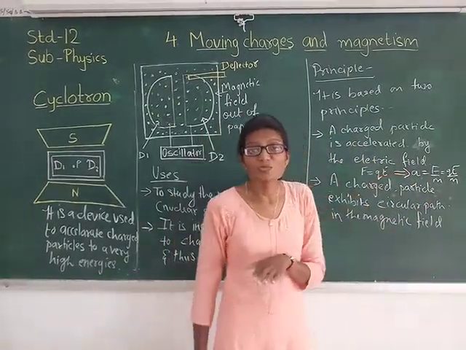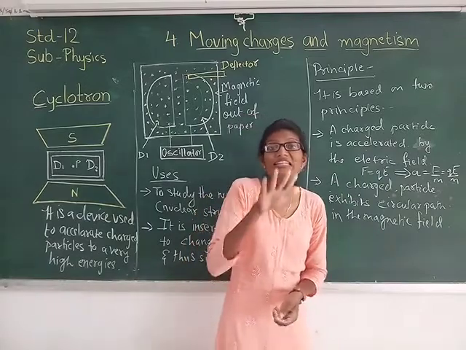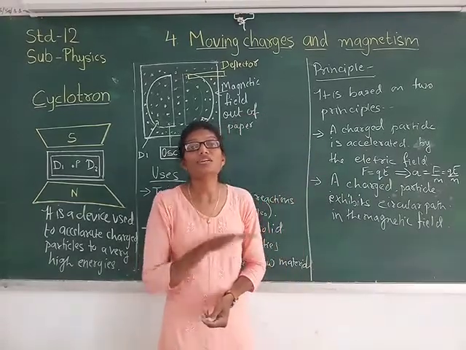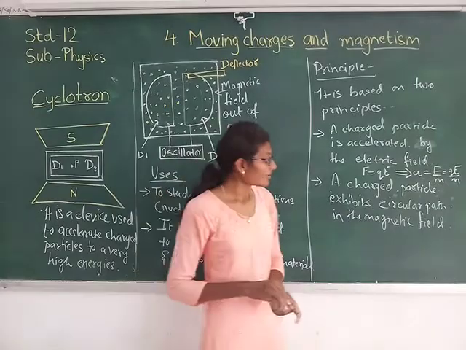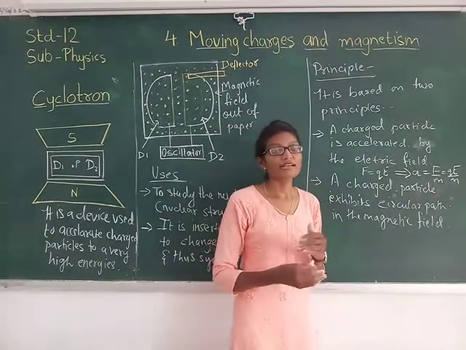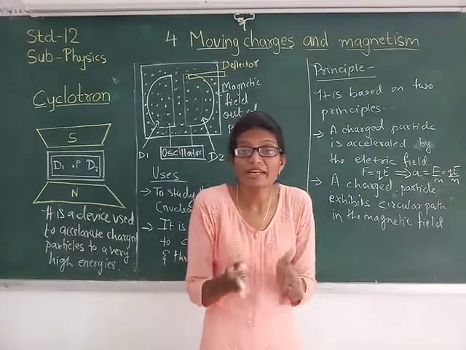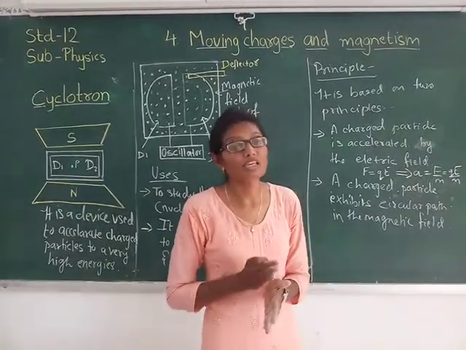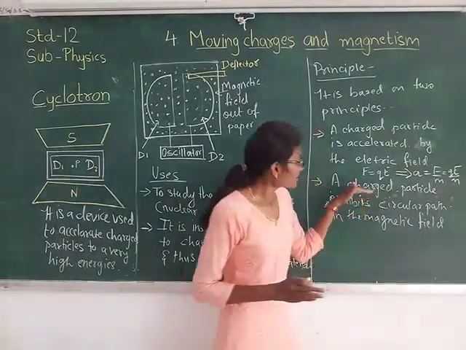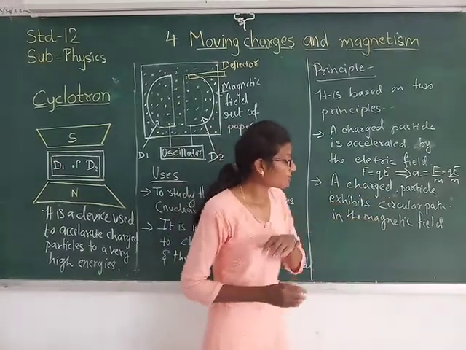But these charged particles should remain in the electric field for several times, because we will understand through its construction why the charged particle should remain within the electric field for several times.